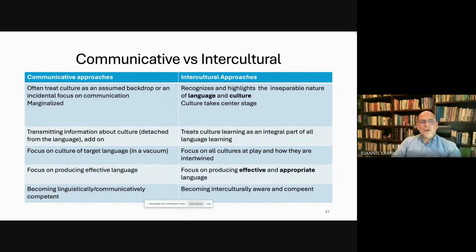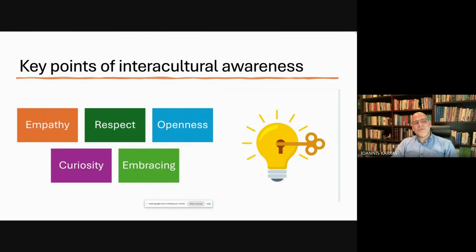If I draw on Michael Byram's influential framework for intercultural communication competence, he talks a lot about linguistic, sociolinguistic, and discourse competence as necessary components, but he also stresses the importance of attitude, knowledge, and critical cultural awareness and intercultural awareness. So one approach doesn't mean that we are neglecting the other. I think an intercultural approach is more of an umbrella, all-inclusive approach. It by no means undermines the importance of other communicative or linguistic aspects. Okay, so please rest assured.